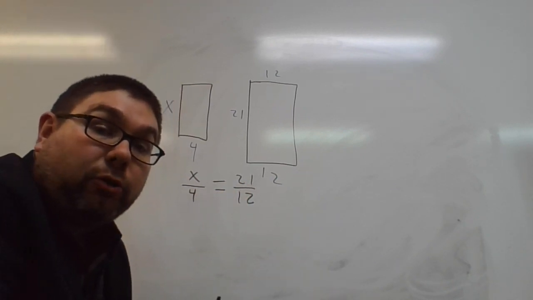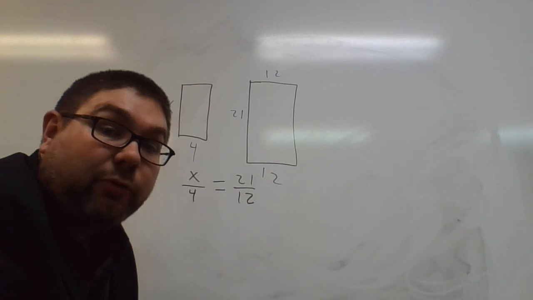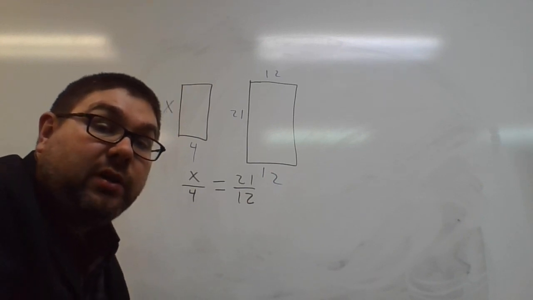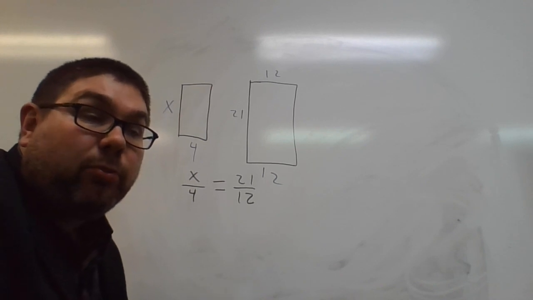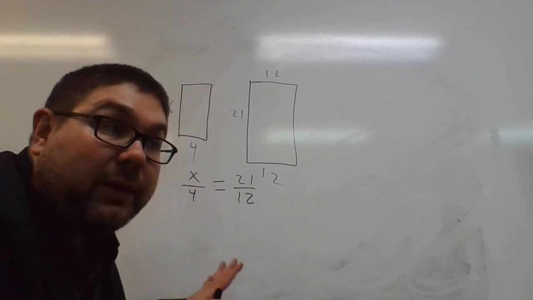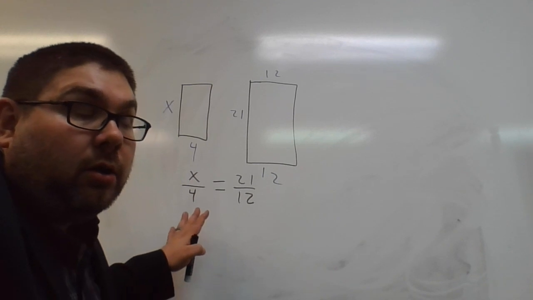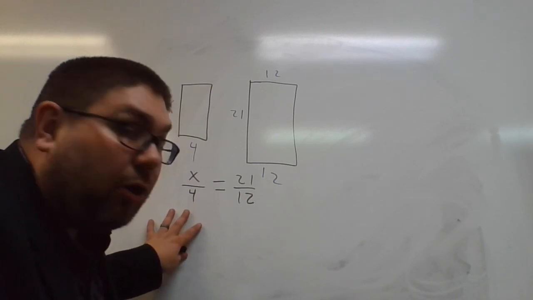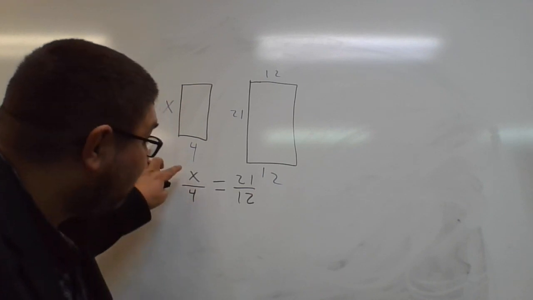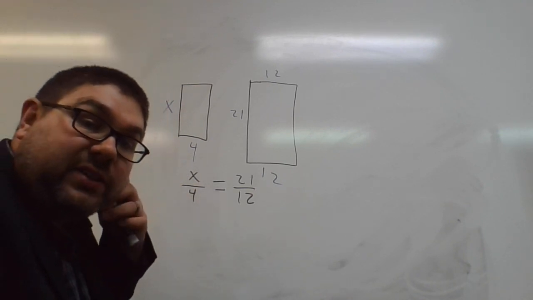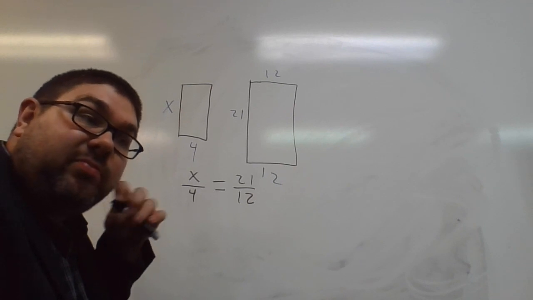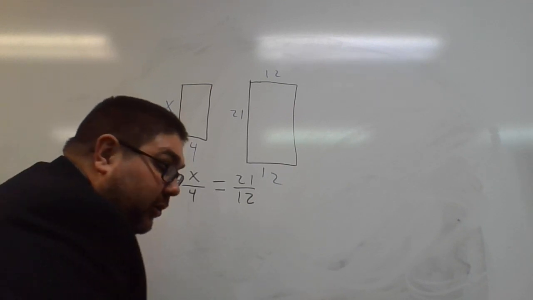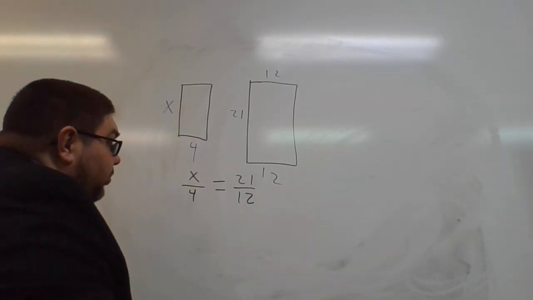I'll cross multiply because it will make it easier in the future. The next video I make is going to be about solving for x when we have an expression instead of just x, so getting used to cross multiplying is probably the best thing you can do.